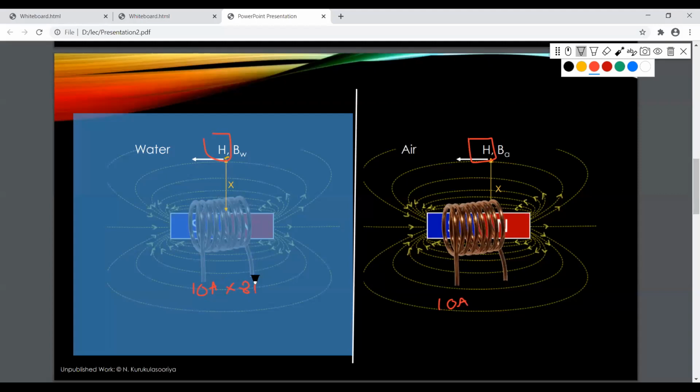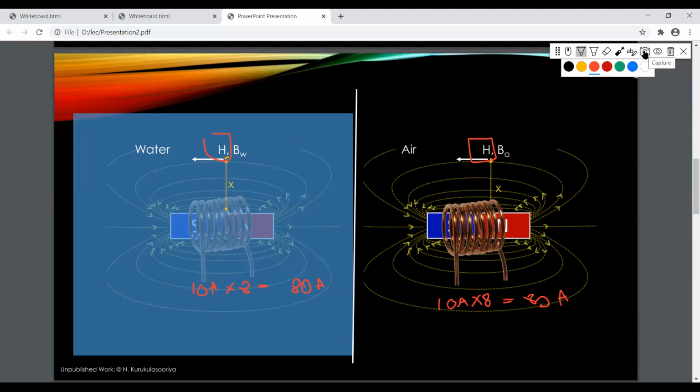It's 8 turns, right? Therefore, the total or net current value is 80 amperes. Therefore, the magnetic field intensity should be the same.